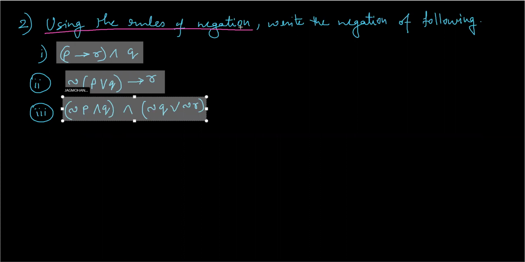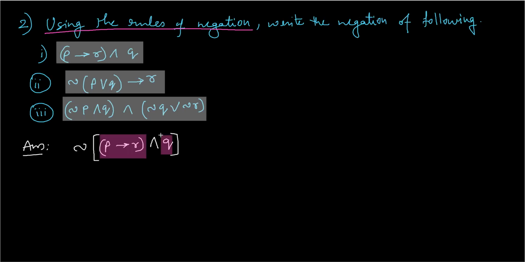So I begin with, we will solve all these problems. So let's start with the first one. Okay, so the first one is, I write negation of, I make a big bracket, P implies R and Q. Now you understand, students, that here I have got conjunction of these two, and outside I have negation.